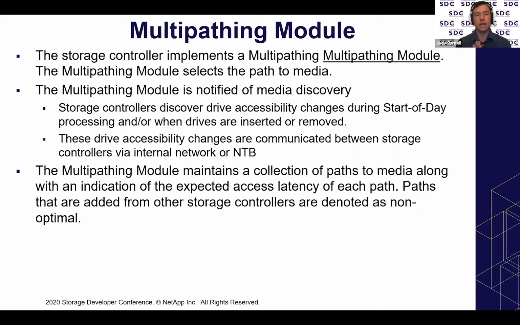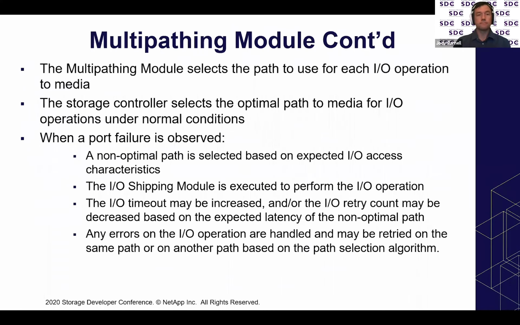And they do that by communicating together through the internal network. The multipathing module maintains a collection of paths, and it also maintains an indication of the expected latency of each path, so that paths can be denoted as optimal or non-optimal, and you can have different grades within there depending on the latency.